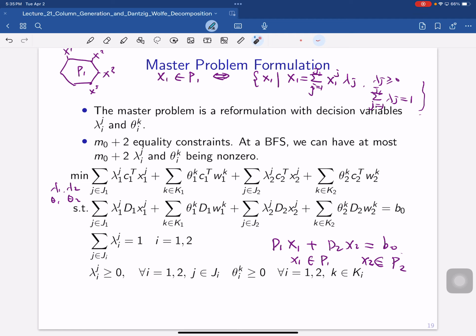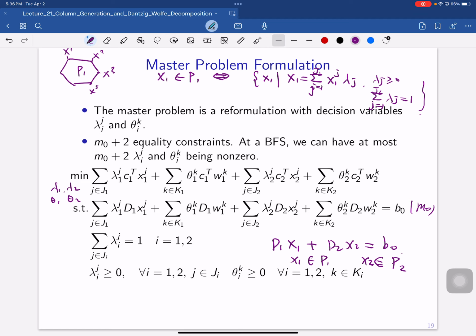So that's what we do here, right? The nice thing is that we are significantly reducing the number of constraints. We only have the original constraints; let's say the original constraints are m0 in number.